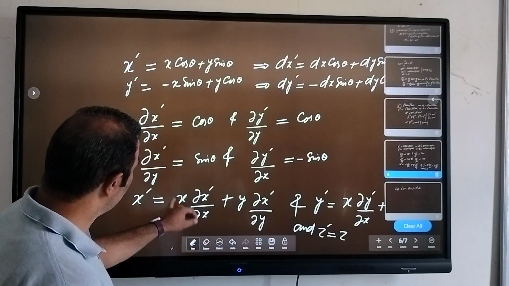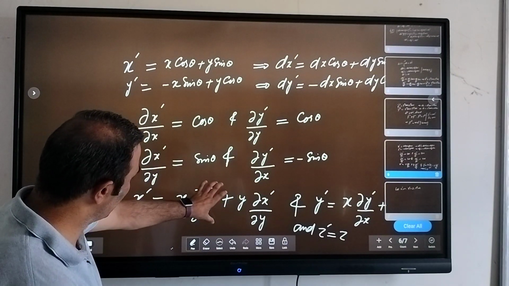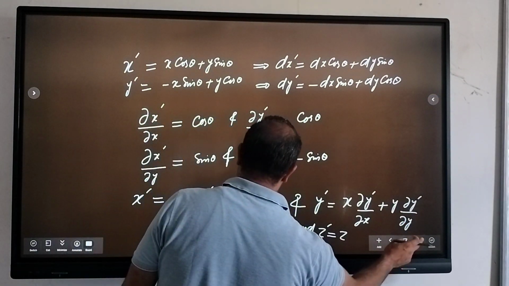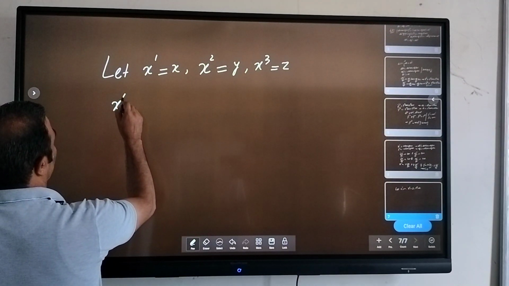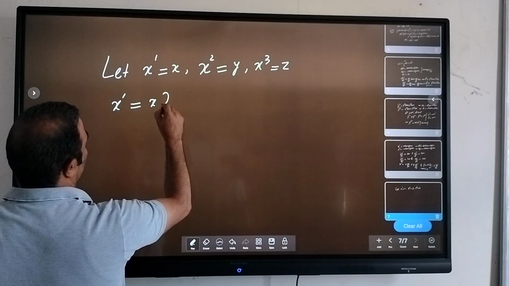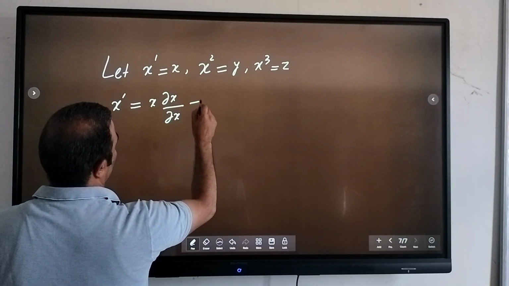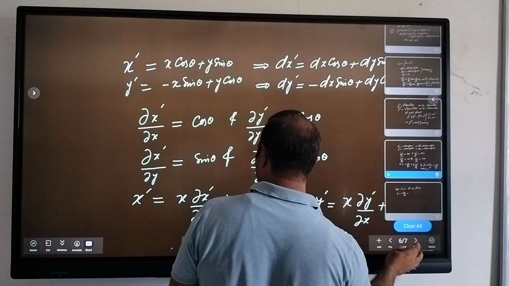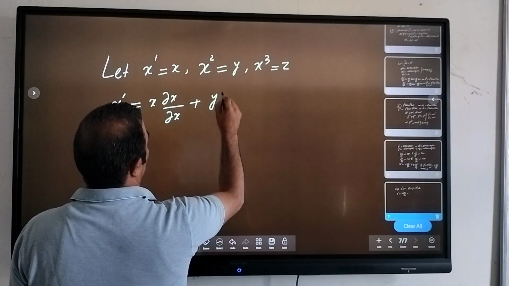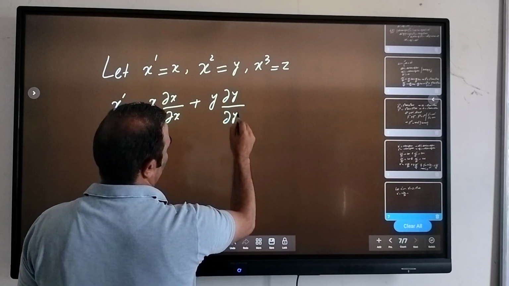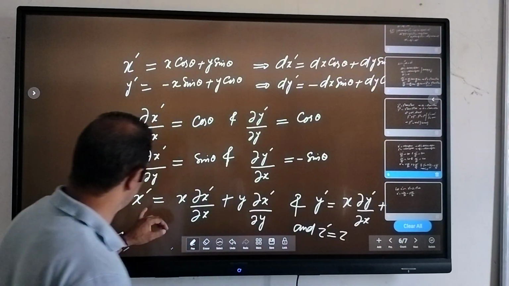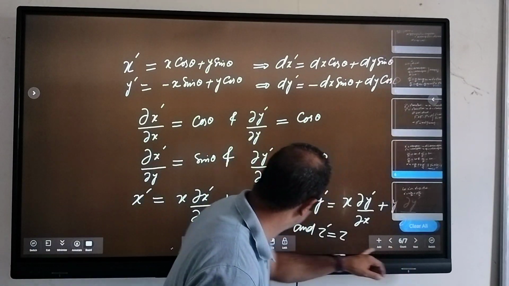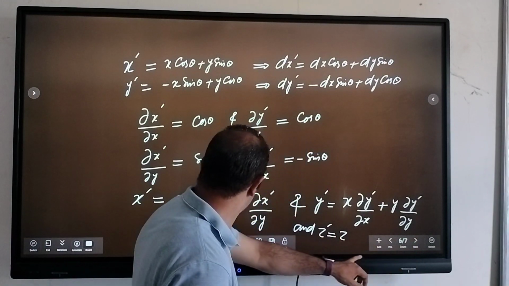So let us check this equation. Instead of this equation, x prime equals x partial x prime by partial x plus y partial x prime by partial y.